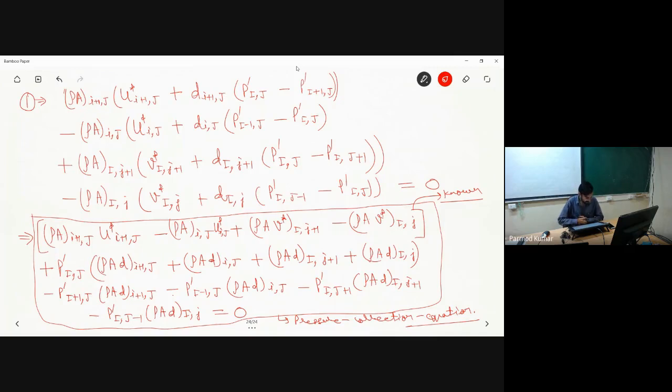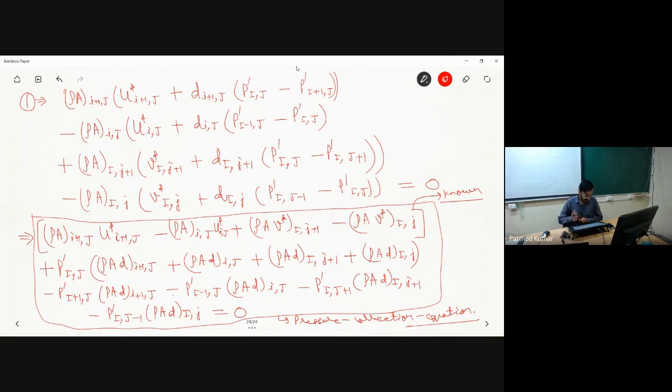So the surrounding scalar nodes involve p dash. In this particular equation, each and every unknown is nothing but p dash. So this particular equation is referred to as the pressure correction equation, and this is obtained from our continuity equation once we substitute the relationship between the velocity and the pressure correction.